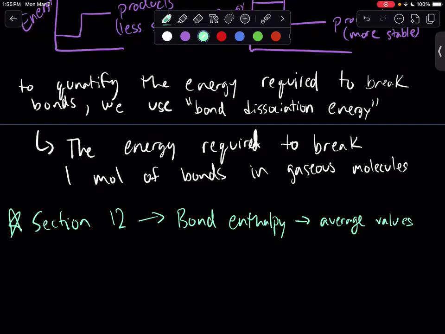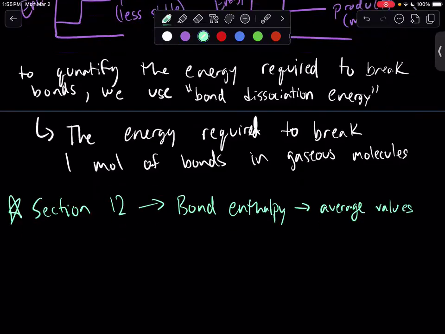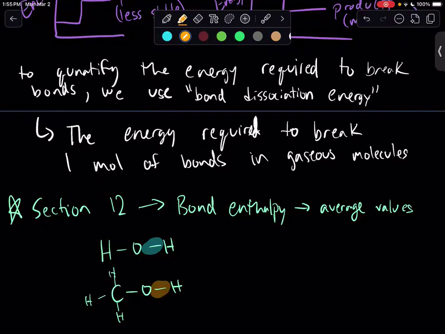Now, these are average across many different things because we could have H2O, which has one type of oxygen hydrogen bond, but we could have methanol, which has another type of oxygen hydrogen bond. And these bonds are going to have different amounts of energy. We cannot equate them. So that bond right there is going to be very different than this bond right here because of the way that electronegativity works and electrons are pulled one way or another. They will have different strengths.